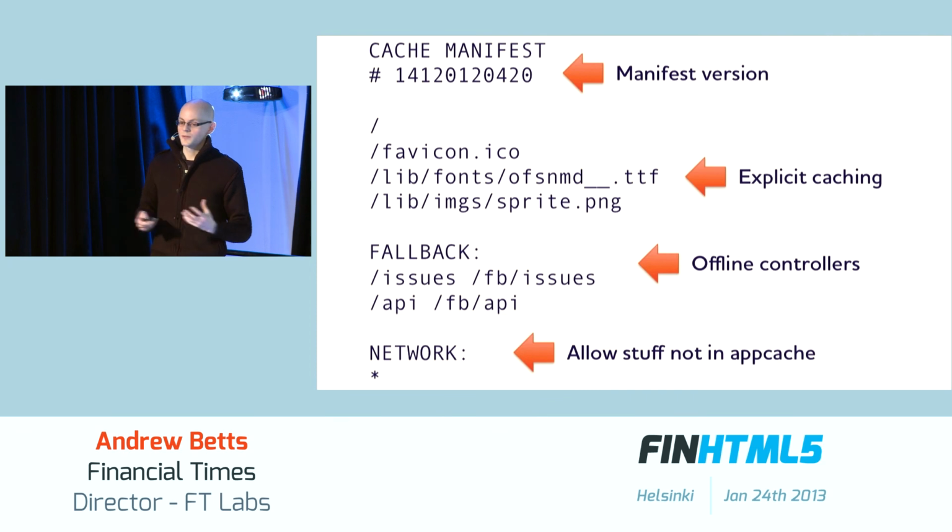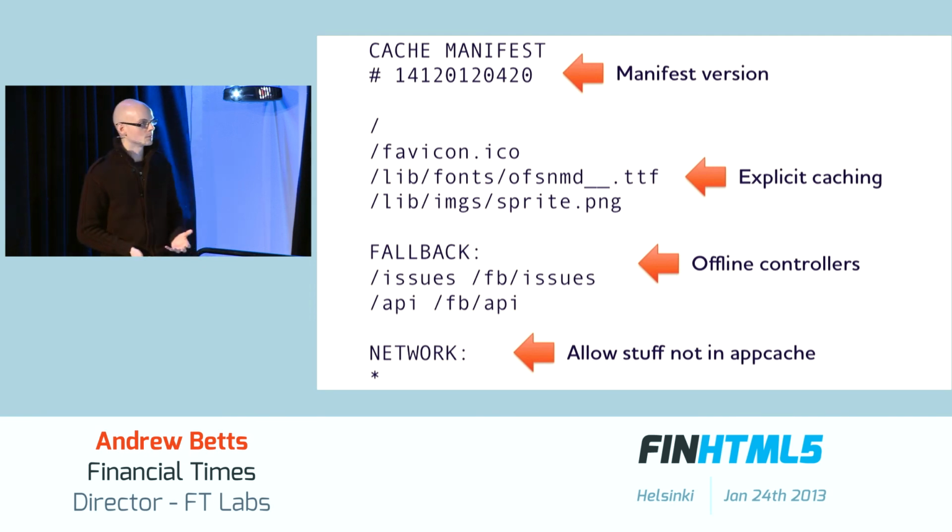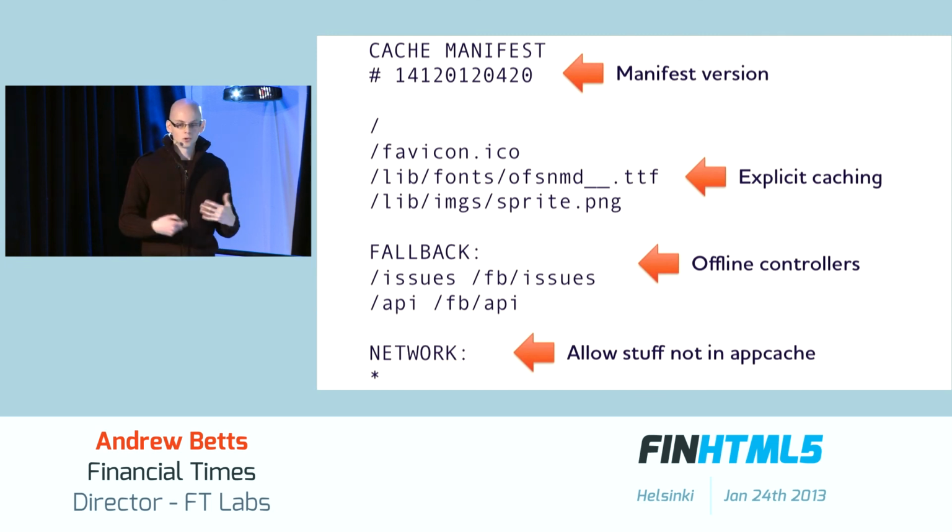So this deals with your 5 million URLs scenario. Rather than listing them all in your app cache and making it impossible to download the whole thing, you list just a prefix, and you say any URL that starts with this prefix, load this resource, and you just store one single resource to do that. So that resource clearly will not contain the content of that article, but it will contain an empty bootstrapper that we can use to turn into that article page.